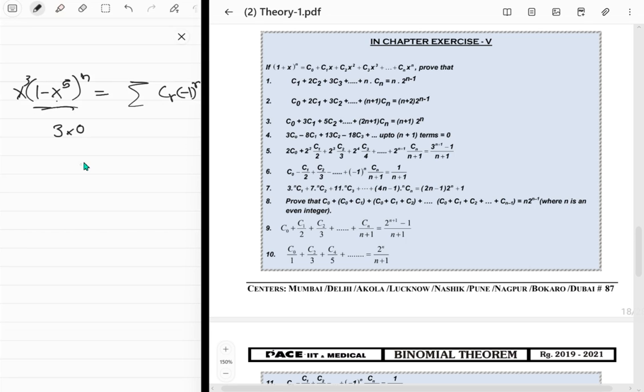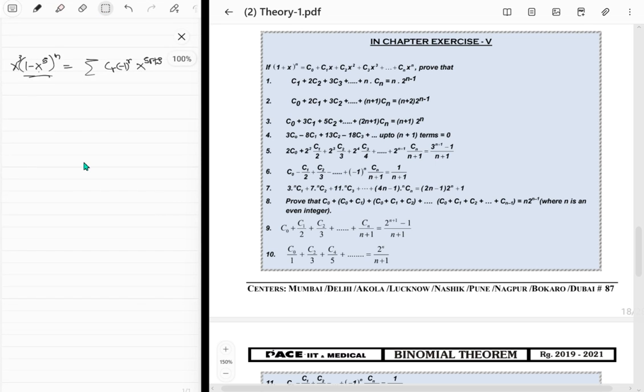The derivative of this thing will be n times (1 minus x power 5) to the n minus 1, and that times some other polynomial stuff. The thing is, (1 minus x power 5) to the power of n minus 1 still is there, and when you put 1 in there, that will also become 0. So the whole thing is just going to be 0 in the end. So this whole summation is just going to be 0.